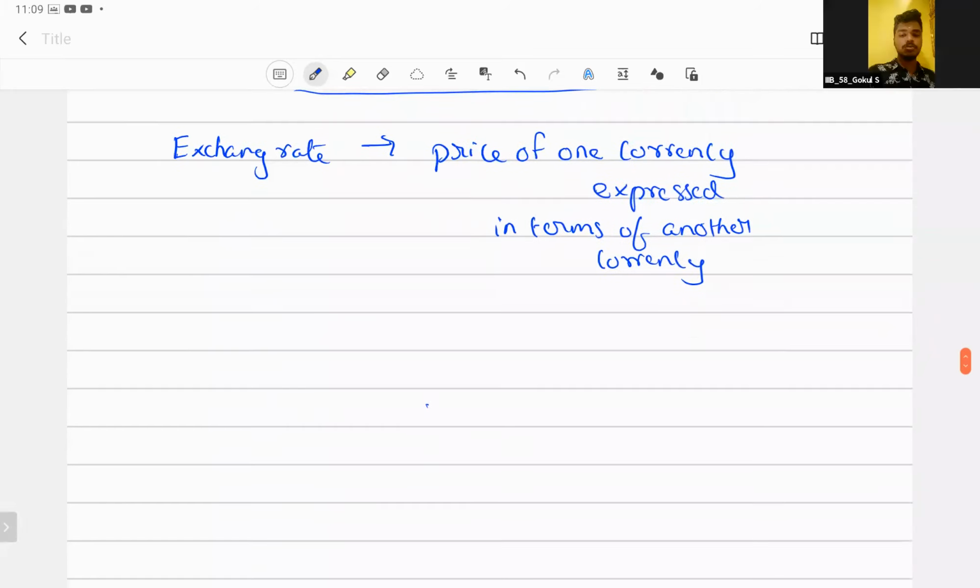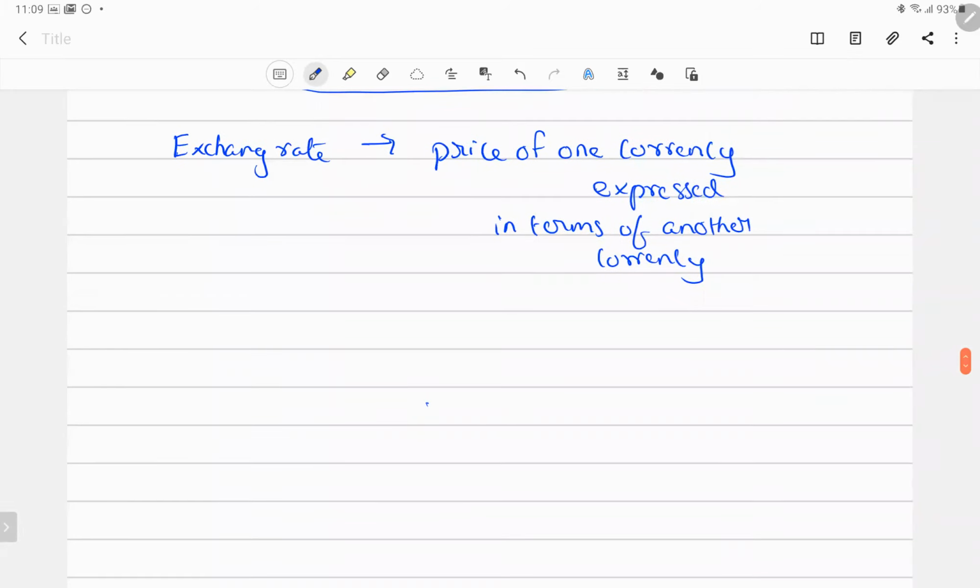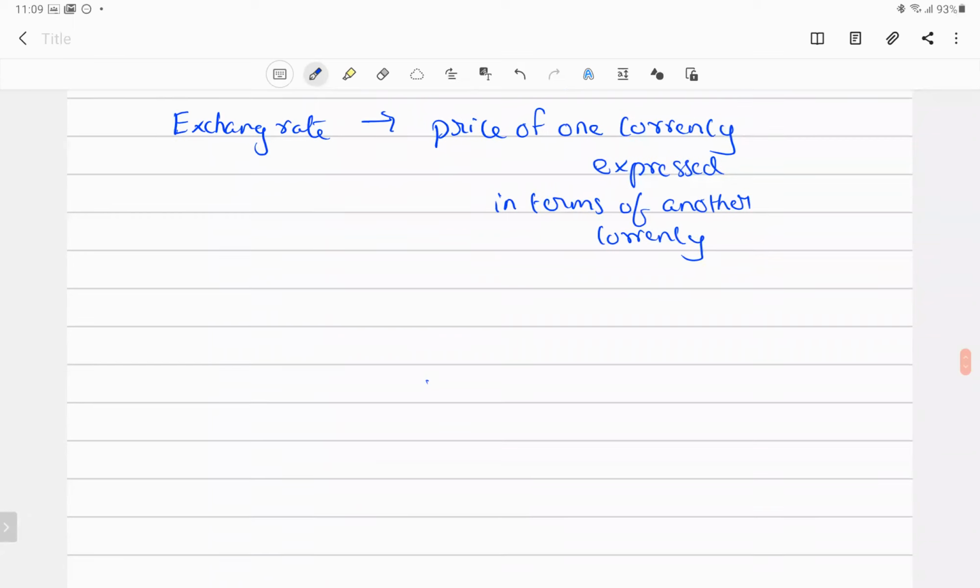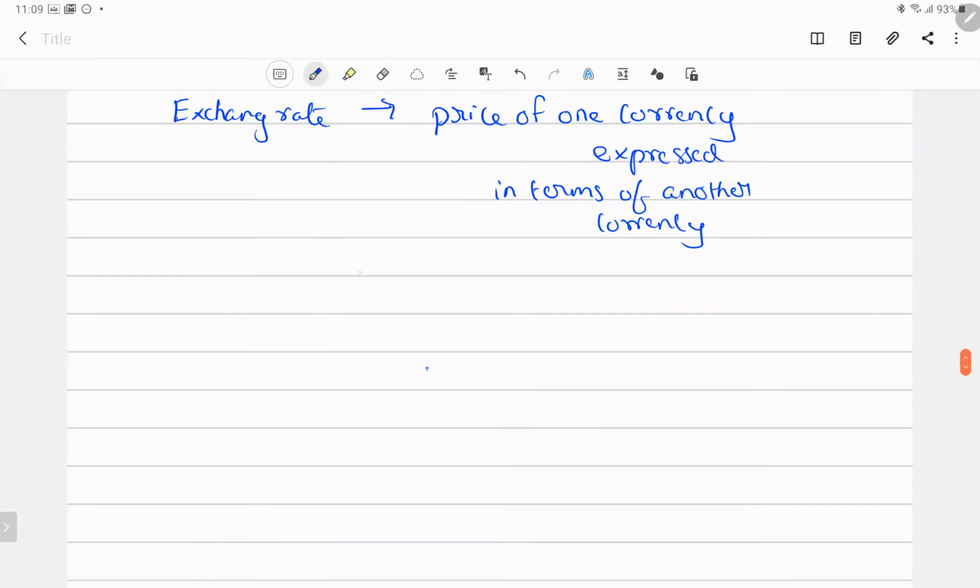Right? So the price of one currency expressed in terms of another currency. The exchange rate fluctuation will result in profit or loss. I put the fluctuation as this change, the triangle symbol. The triangle symbol is nothing but the change in the exchange rate, which will definitely result in profit and loss. That is the typical part that everyone knows, right?